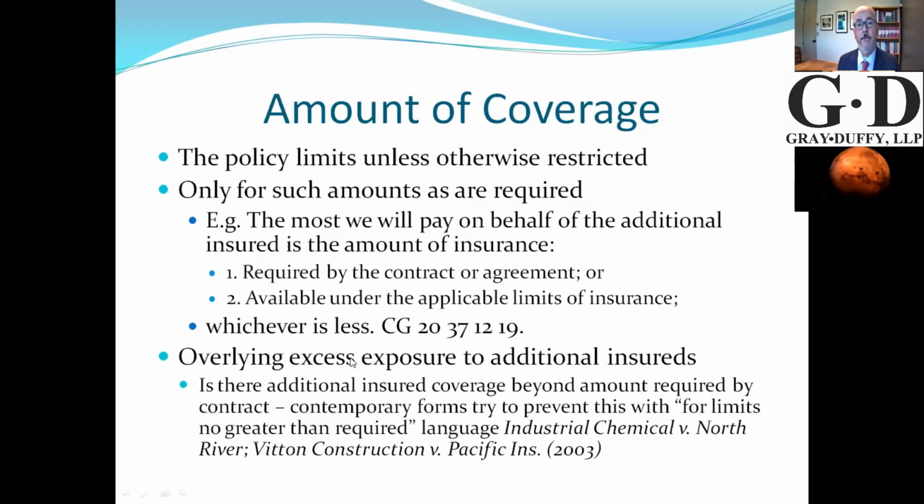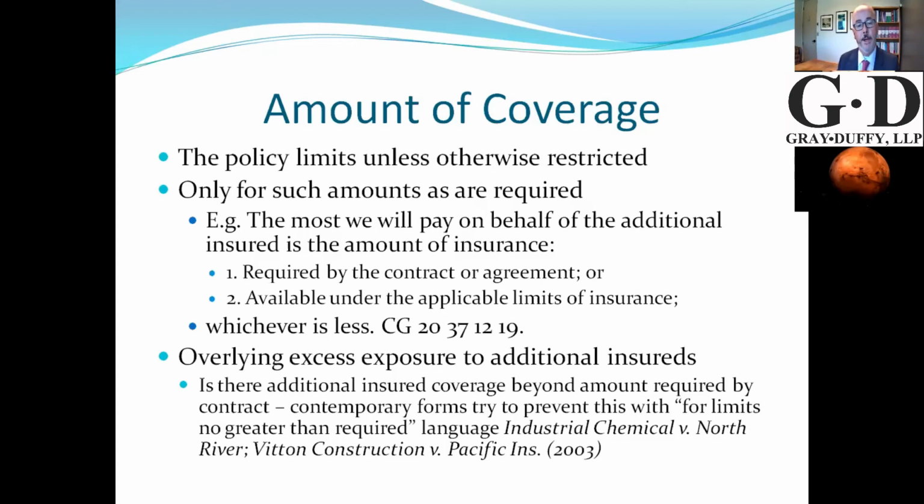Another problem we have here is overlying excess policies being exposed to additional insureds, even though that was not within the understanding or intent of the contracting parties. Very often the excess policy or umbrella policy will say anyone who's an insured under the primary policy is also an insured under this policy. And for instance, in the Industrial Chemical versus North River case, the policy insured a manufacturer of chemicals.